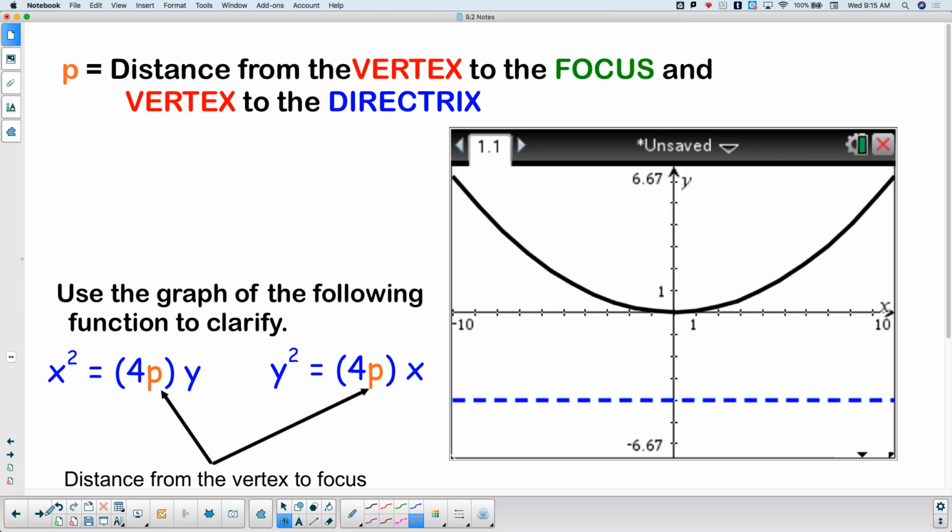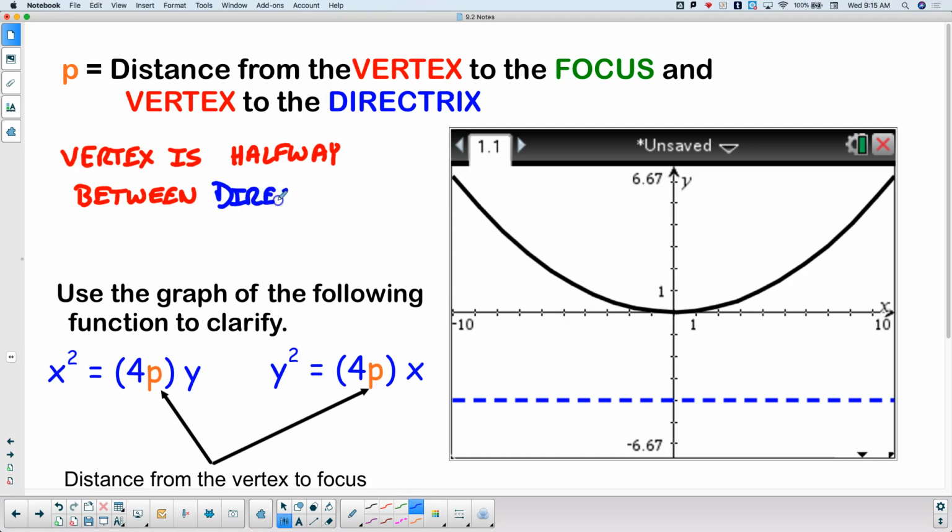Okay, so the distance P is from vertex to focus and vertex to directrix, which means then that the vertex is halfway between the directrix and the focus.